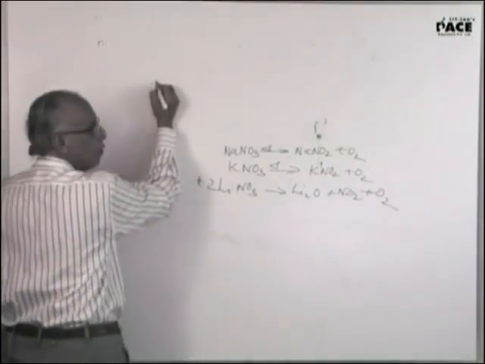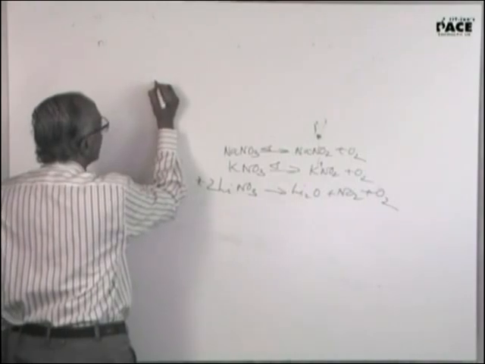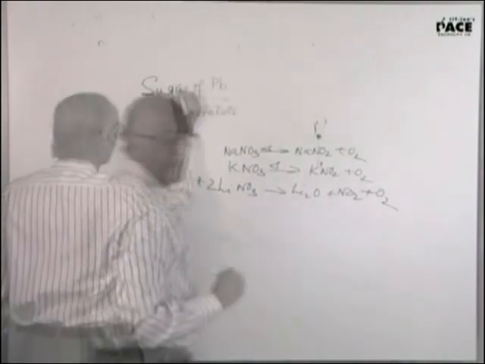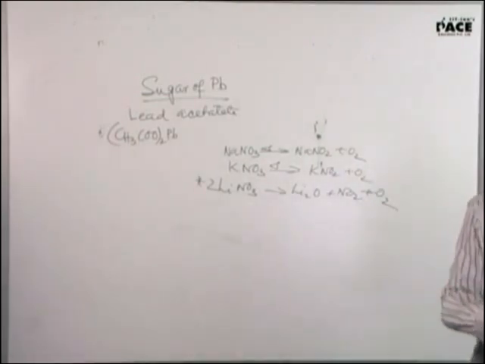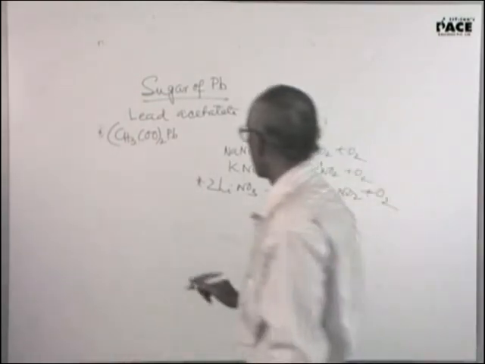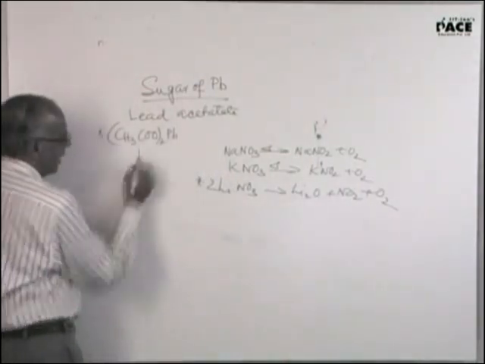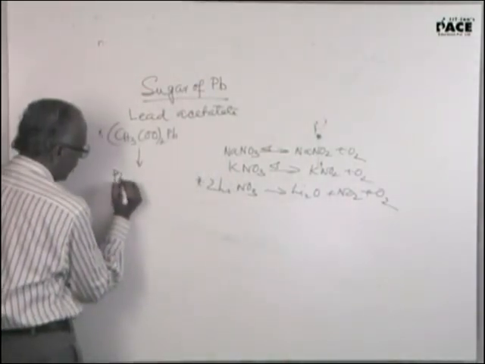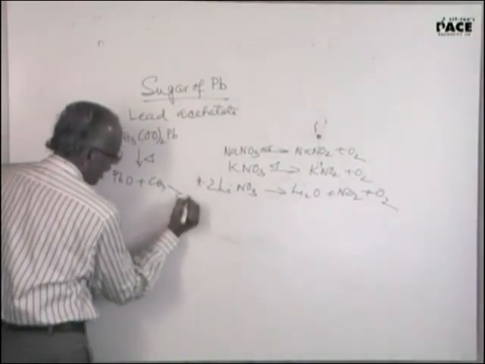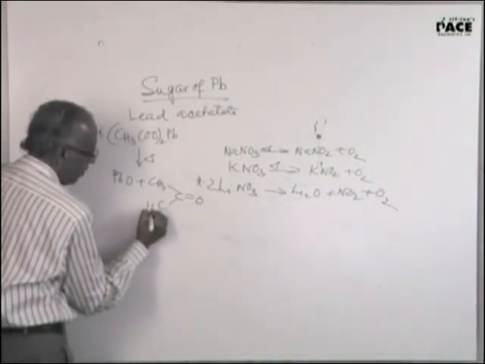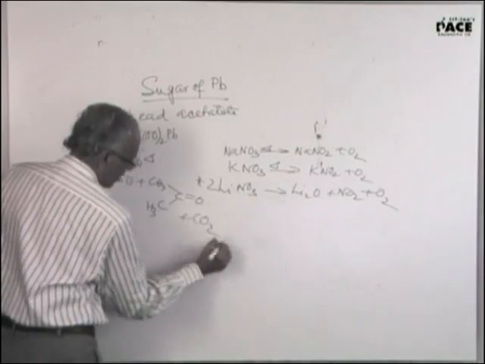There is one compound called sugar of lead. Lead acetate is called sugar of lead. Lead acetate on heating gives lead monoxide, acetone, and carbon dioxide.